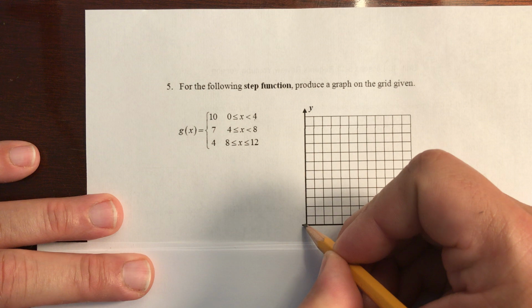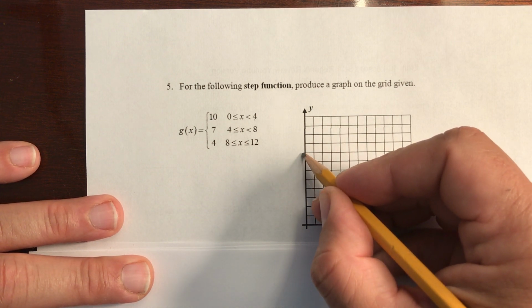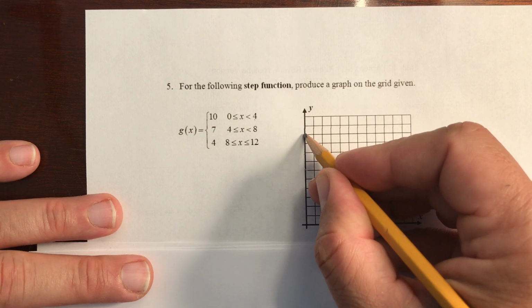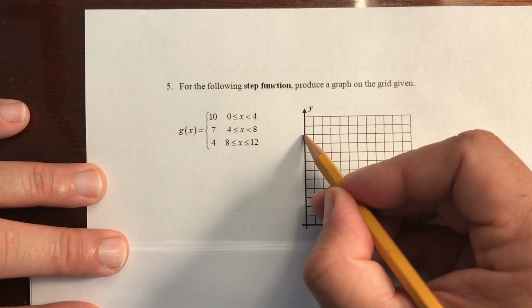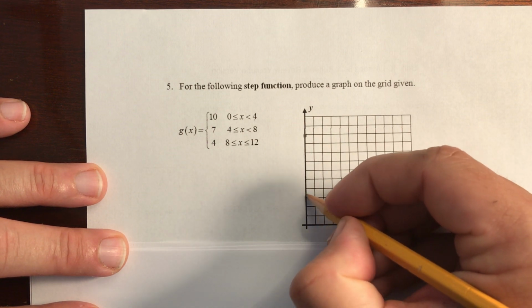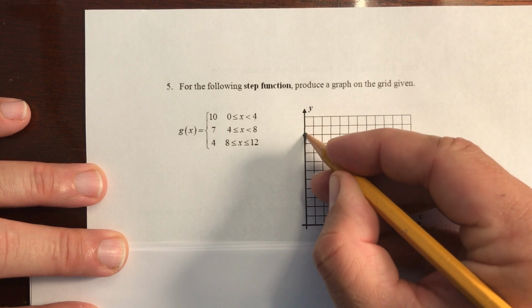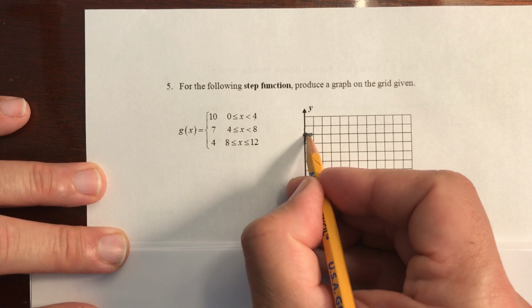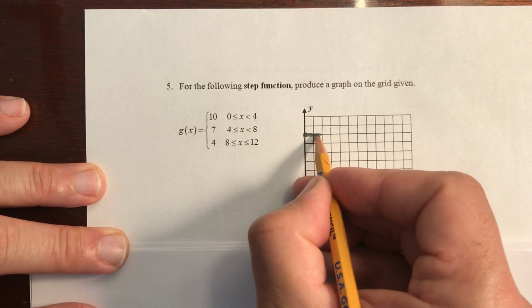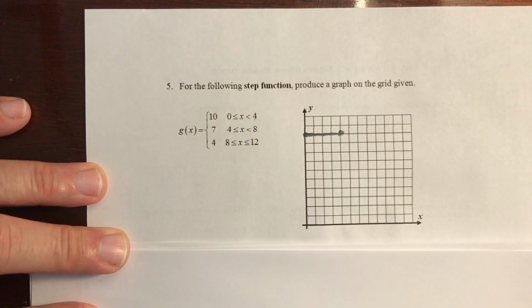Well, here's 0, so I'm going to go up to 1, 2, 3, 4, 5, 6, 7, 8, 9, 10, and filled in circle because of the equal sign. Hopefully I didn't lose my count. No, I had it. Okay. So filled in circle, and then keep that step a height of 10 until we get to 4. That's 2, that's 3, that's 4, right there.